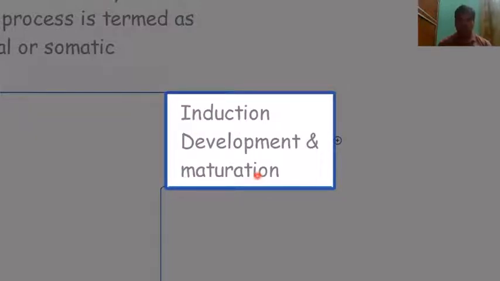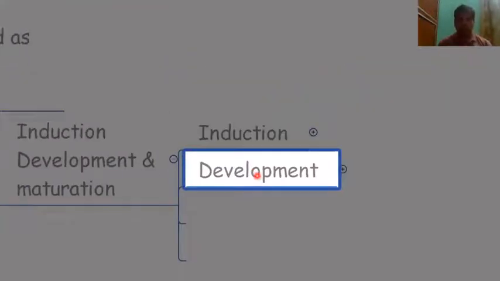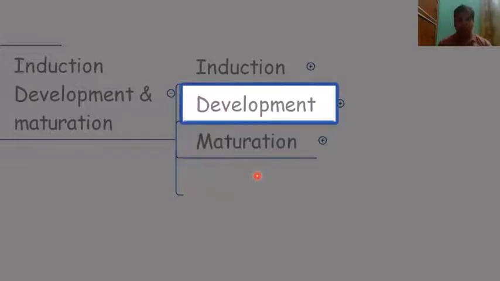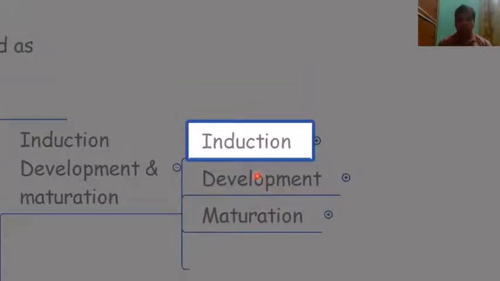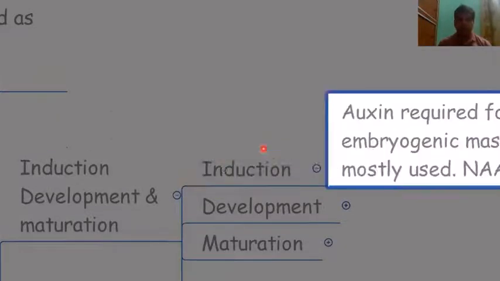Let's discuss all these three one by one. What happens during these stages, and what are the physicochemical conditions required to induce an embryo in vitro, to make it develop further, and for the maturation of an embryo? Here we are going to discuss the physicochemical conditions required for all these three stages.